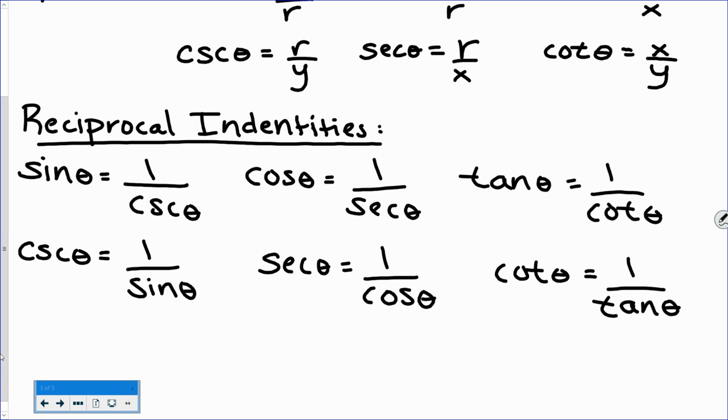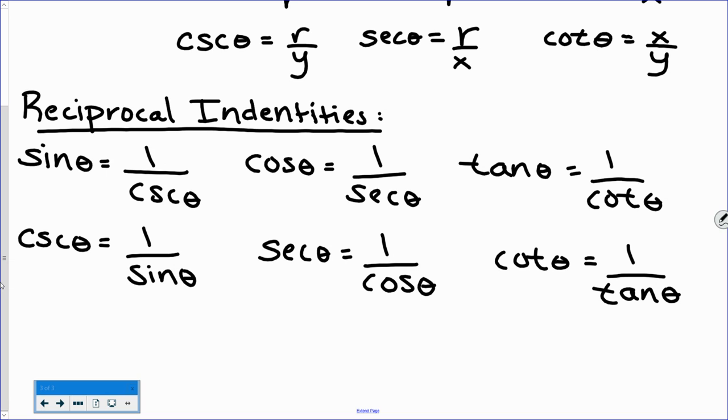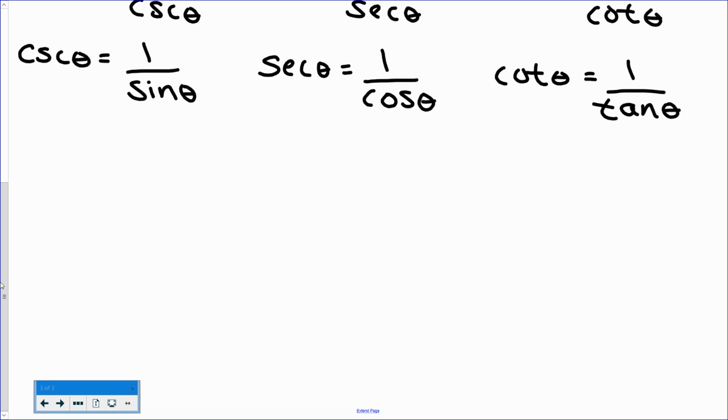Okay. So let's look at a couple examples of when we would use our reciprocal identities. We'll look at 2 examples of this.